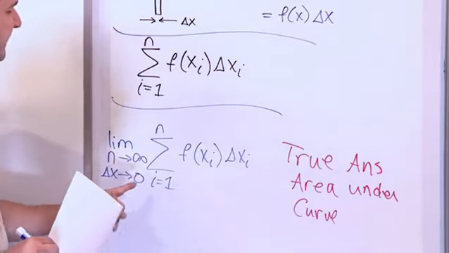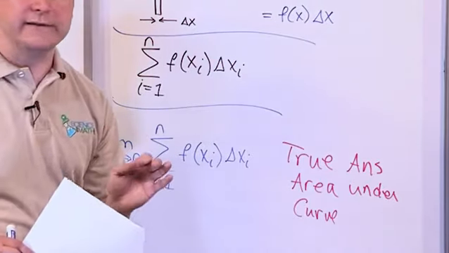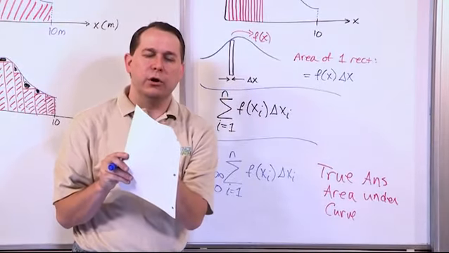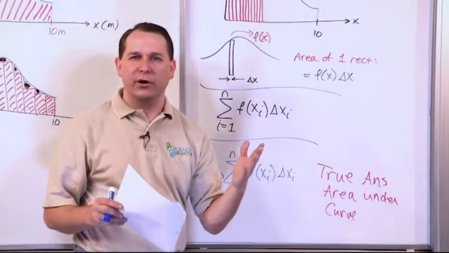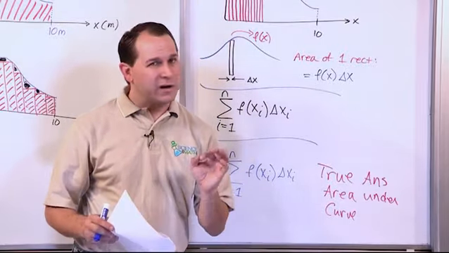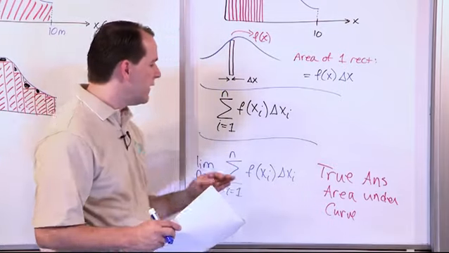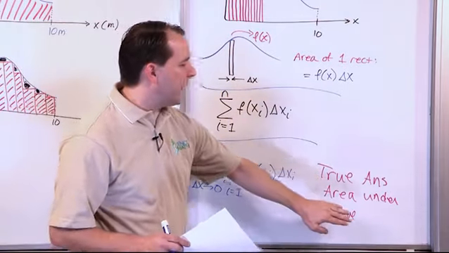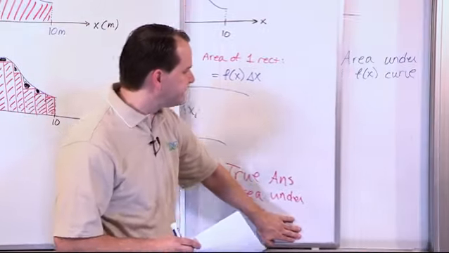So now we're basically summing an infinite number of rectangles, because we're making the number of rectangles go to infinity and the width go to 0. If we do this calculation in a computer with 100 million rectangles, we're going to be pretty darn close to the right answer if we take this limit like this. The answer you get is the total answer of the area under the curve.